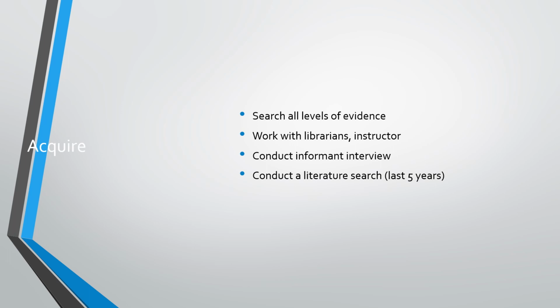Next, we are going to Acquire. We are going to search for the answer by exploring all different levels of evidence. We talked about the levels of evidence in the last slide deck, so please review that if you need help. After we write our question, we need to identify the keywords in the sentence.